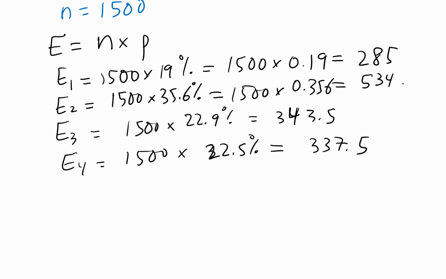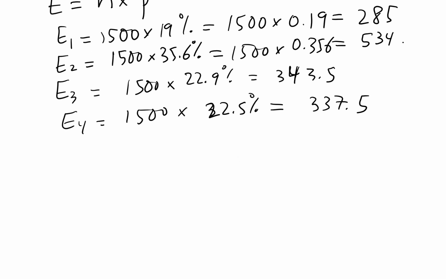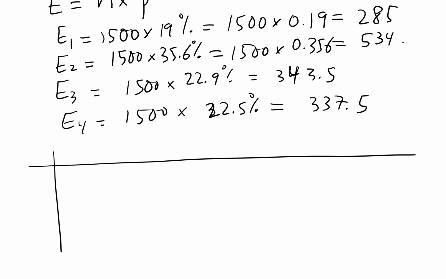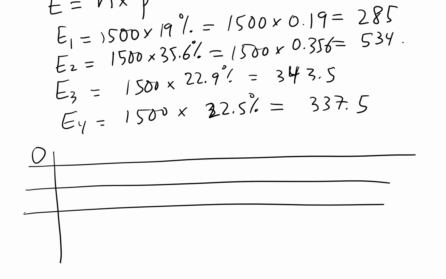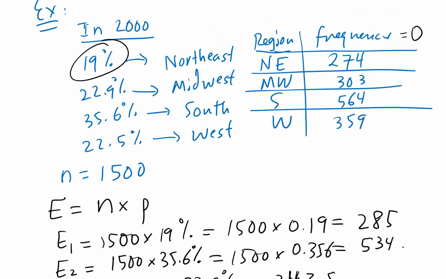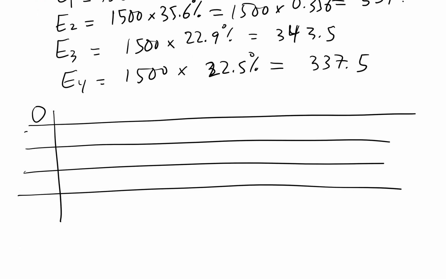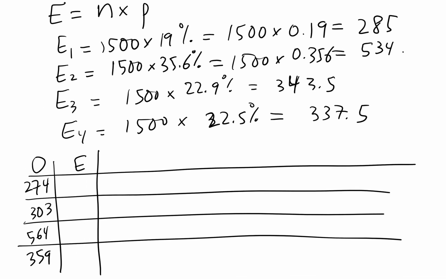Okay, so what we've done so far: we had the observed values, 274, 303, 564, 359, and the expected values, 285, 534, 343.5, 337.5.